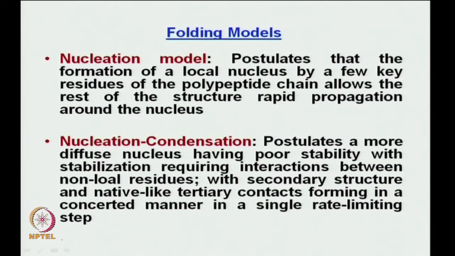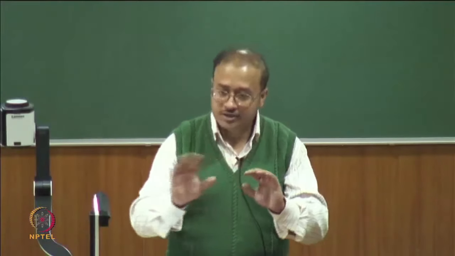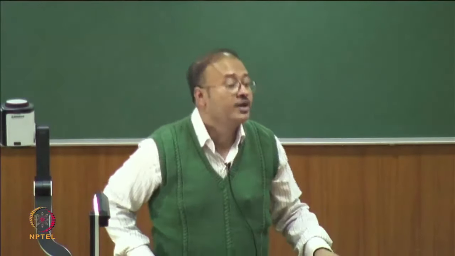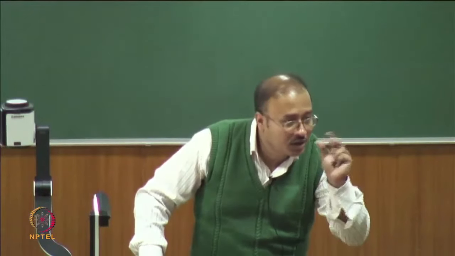It postulates a more diffuse nucleus having poor stability, with stabilization requiring interactions between non-local residues. Now, what does it mean? The difference from the nucleation model is this. Remember those two small alpha helices you saw in that first slide? They are supposedly stable by themselves. Now, what can happen is instead of forming a full-blown alpha helix, you can have a small helical segment.